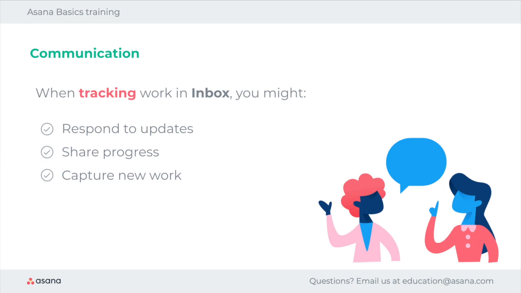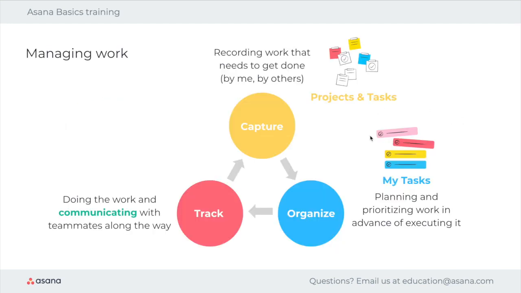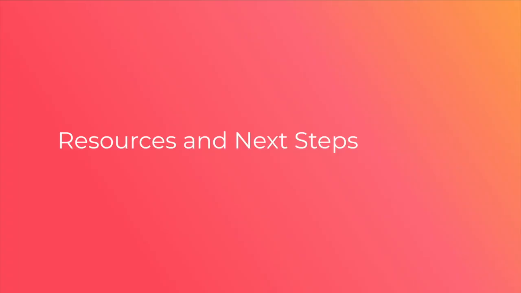When you're tracking work from your inbox, remember that you might want to respond to updates, share progress, or capture new work for yourself that arises as old work gets completed. So, as you engage in this rhythm of managing individual work, you'll flow between these three main spaces: your projects, your My Tasks, and your inbox in Asana.